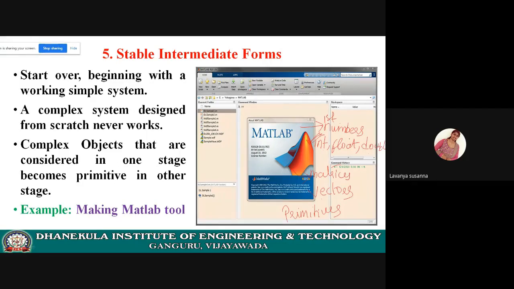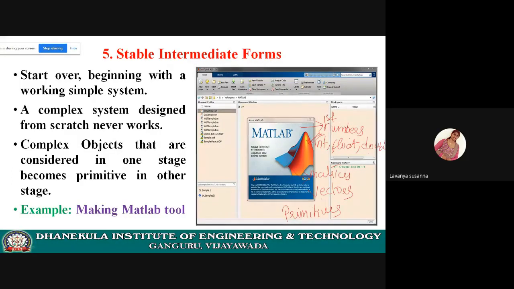Again, I am repeating. The objects that are considered complex in the first stage, you thought that integer, float, double are very complex. But in the second stage, while you are representing matrices and vectors, these complex objects like int, float, double became very simple objects.